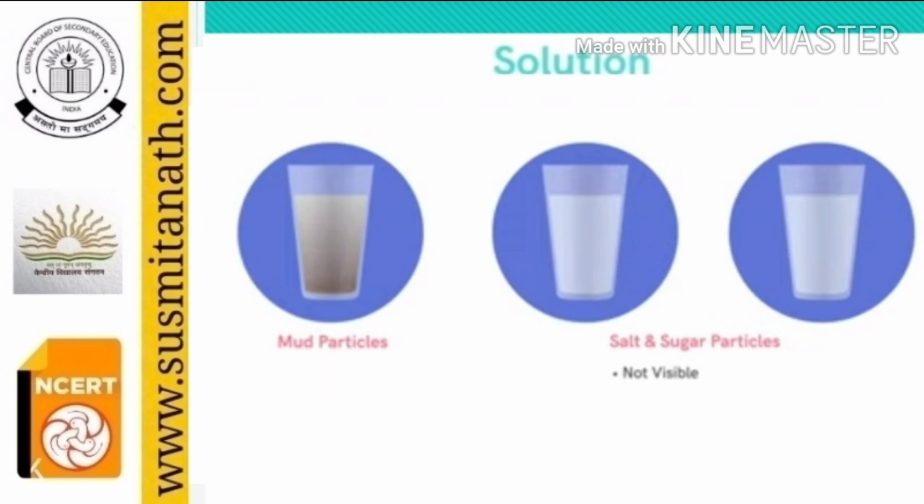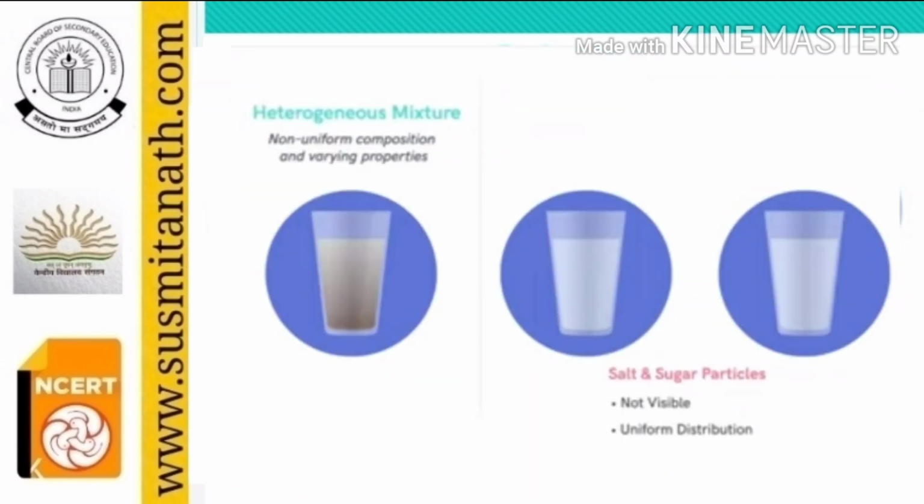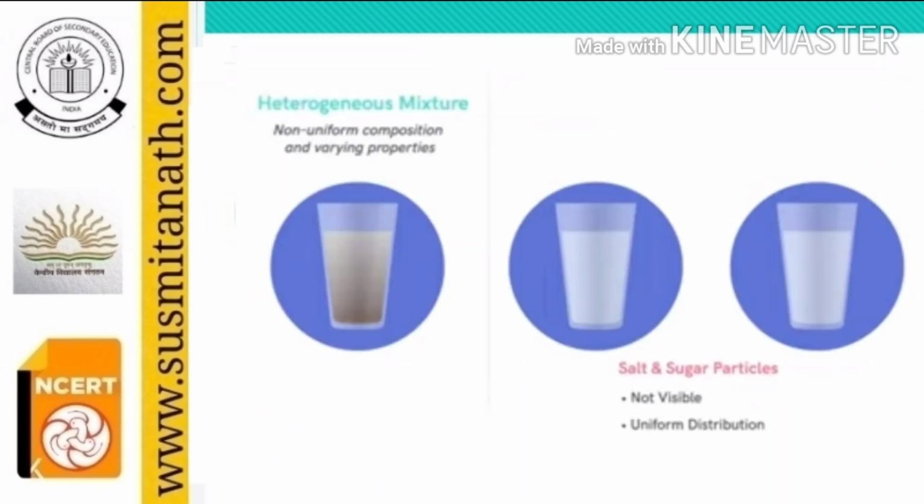This is because the particles of solute are not visible. They are uniformly distributed all through the solution. Whereas in the case of mud and water, we can easily see mud particles suspended in water and then settling down at the bottom.